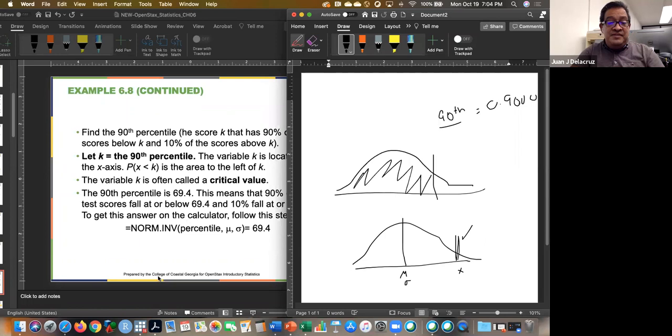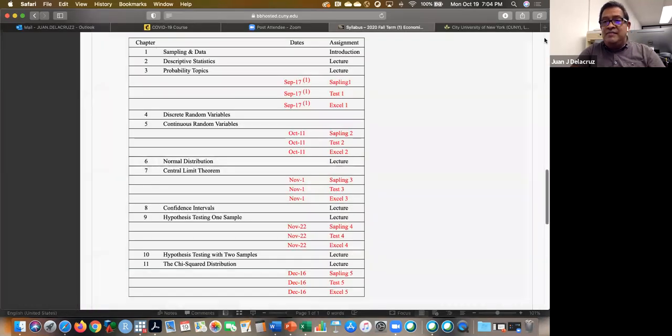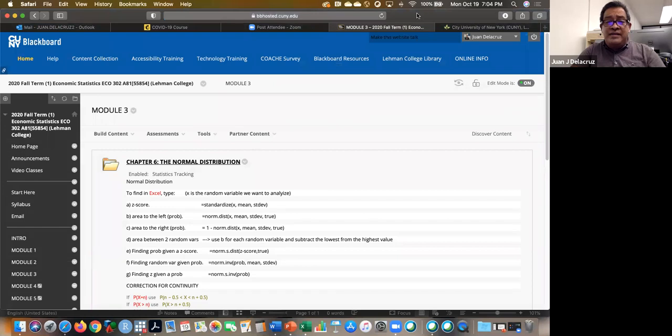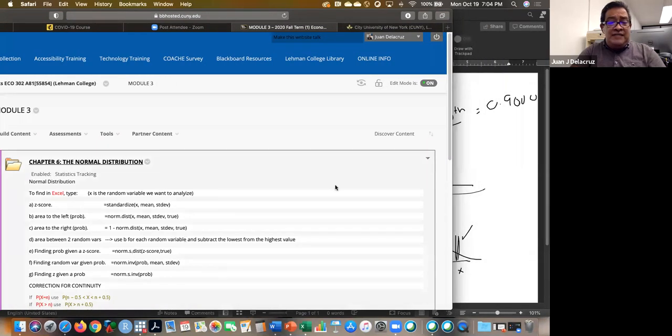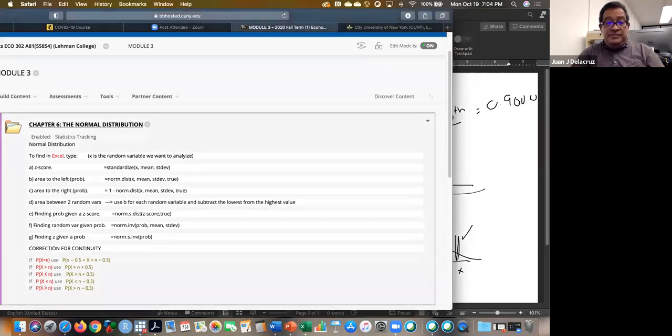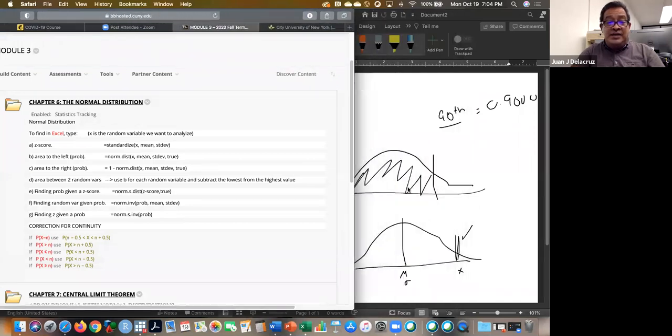So the norm inv, so we have these values, and I forgot to mention this. I guess I should follow what I already did. So we have these Excel codes that we can use.